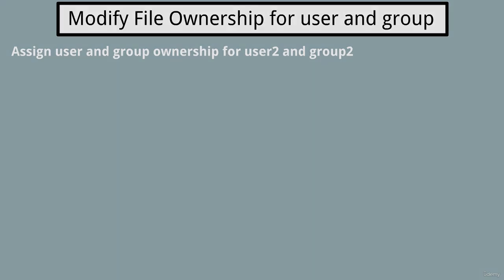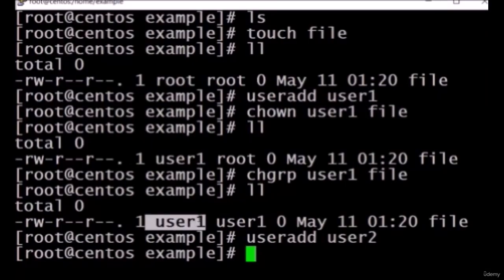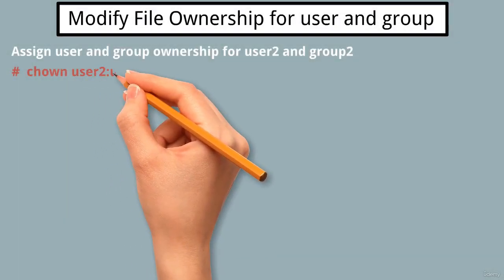Earlier, we had user1 as the user owner and user1 as the group owner. This time, we're going to change both of them by using only one command instead of two commands. So this is the command we're going to run.